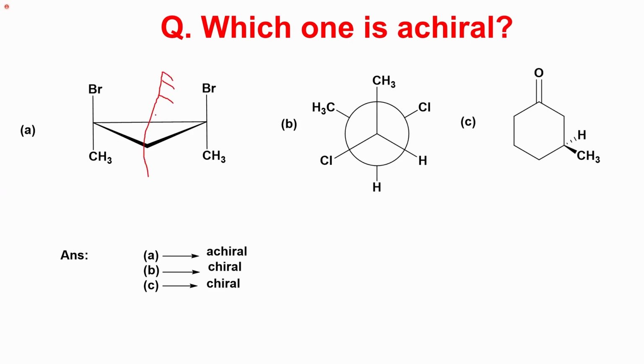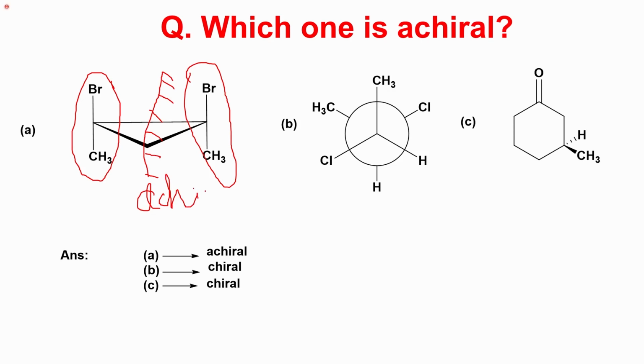If you pass a plane from here, you can see the two parts are identical to each other. So this is not chiral. If a plane of symmetry is there, then it is optically inactive, and optically inactive means achiral. They are asking about the chiral one, right? So this is not a chiral molecule.